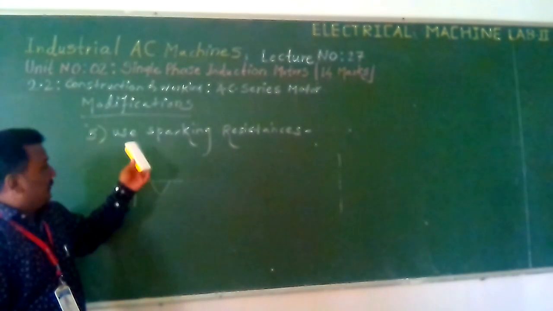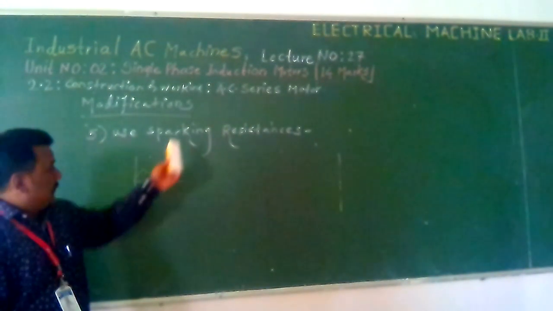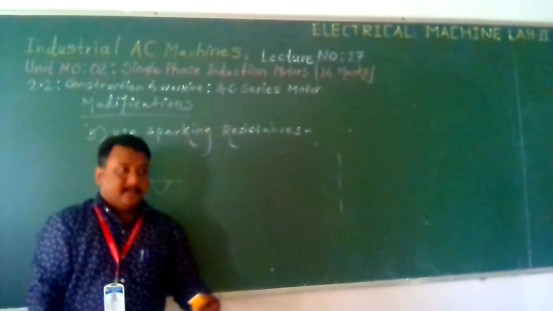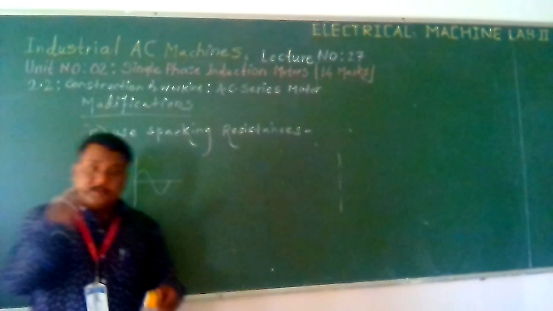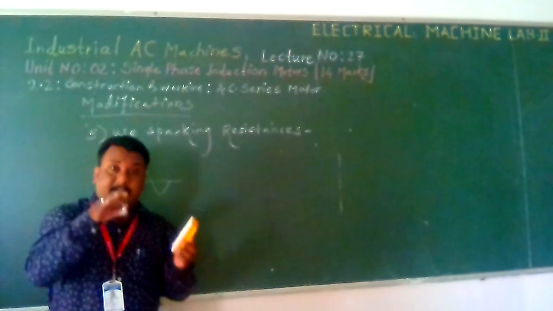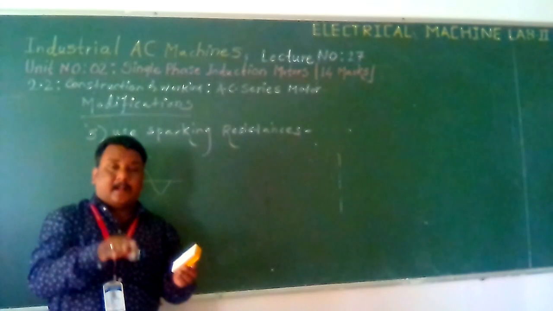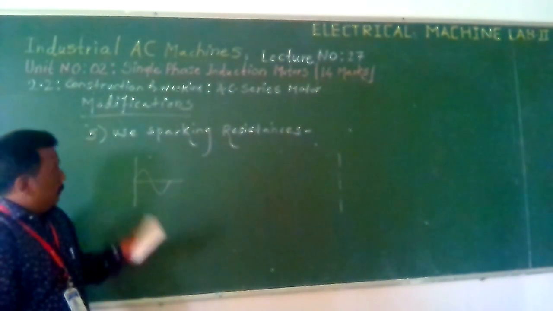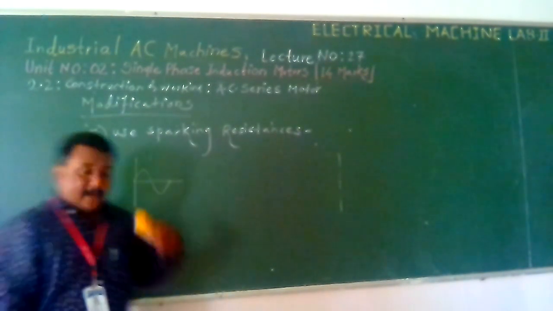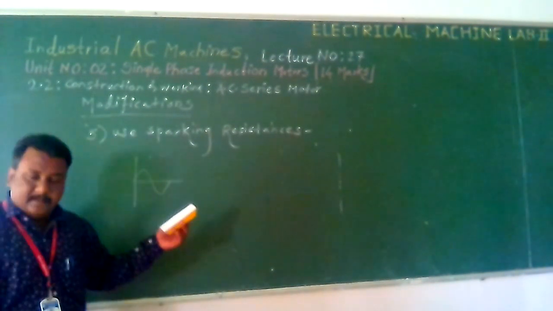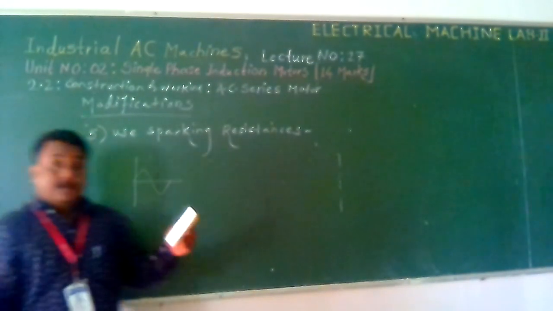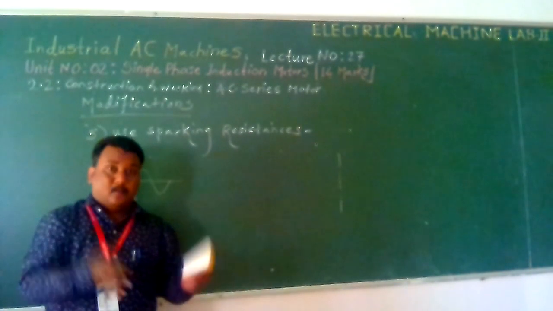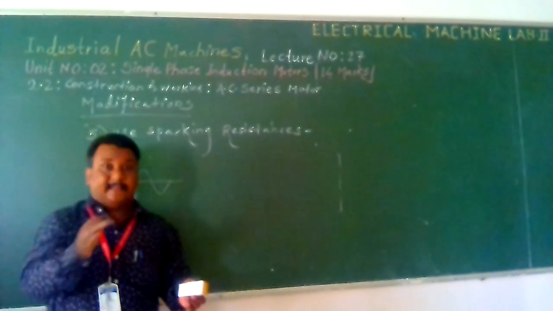To minimize this sparking, sparking resistances are required, because sparking resistances reduce the current drop and the sparking across the brushes. So this is the fifth type of modification. By doing these 5 modifications, we can use the AC series motor, and now we are going to start our AC series motor.